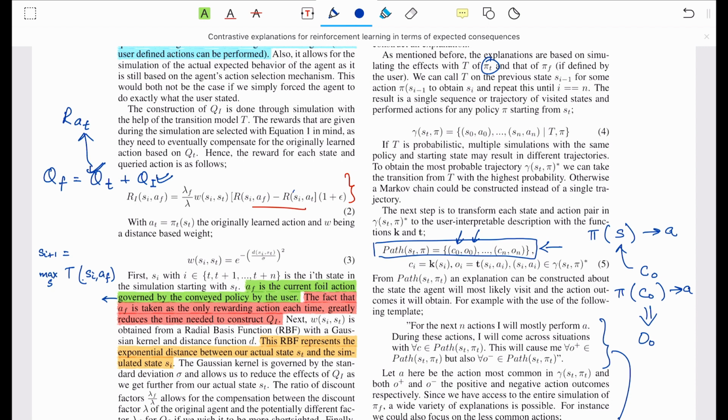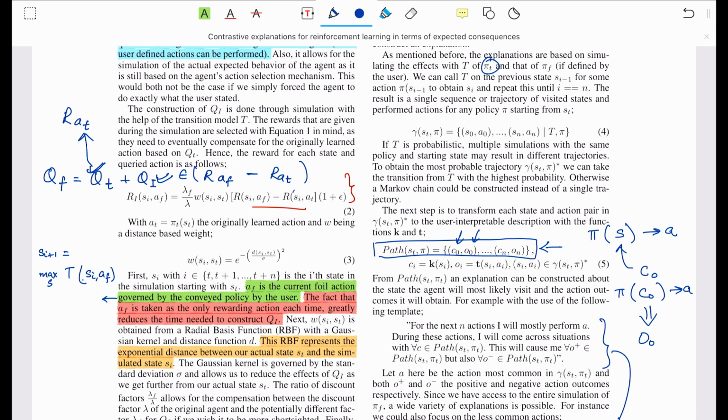Now what we want this QI to do is weigh the action AF more. Therefore, what we need to do is somehow add the reward for action AF and subtract the reward for action AT, and if we multiply it with some epsilon or alpha, we can control how much we are weighing this AF over AT. This is the idea behind this equation.